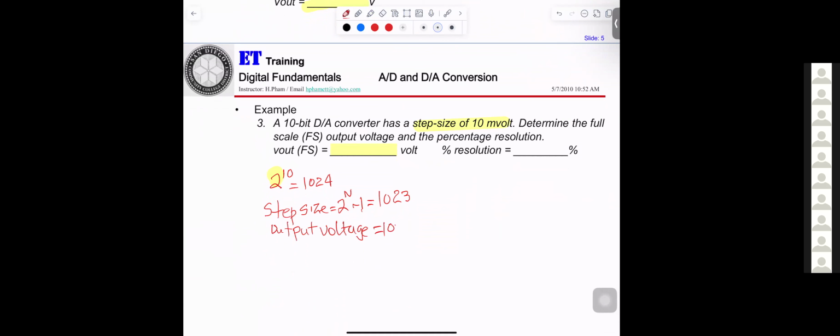You get the number of steps times 10 millivolt. So you can get 10,230 divided by 1,000, you can get 10.23 volt.